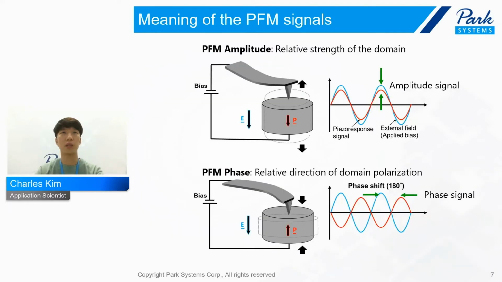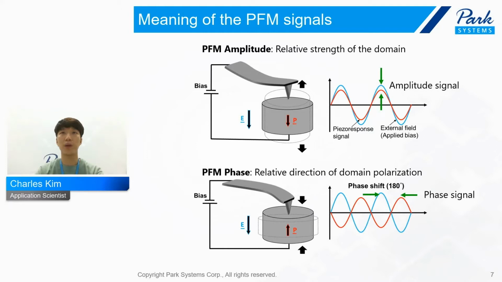So let's see what's the meaning of the PFM signal. Because we apply the external field as this blue color of the AC bias, the sample will oscillate up and down. Because of that up and down, the cantilever will detect some up and down signal as this red color.